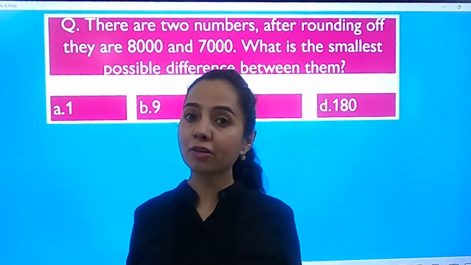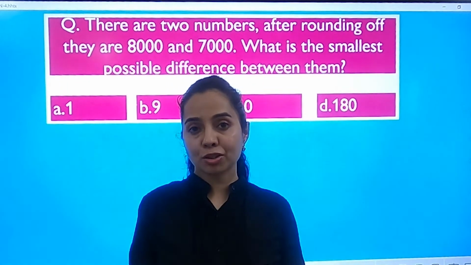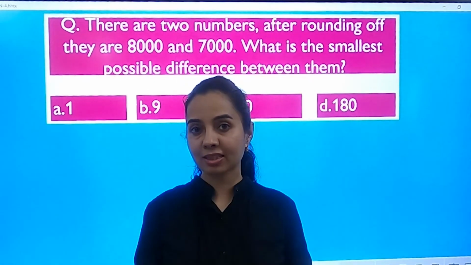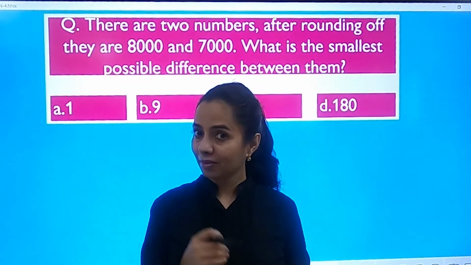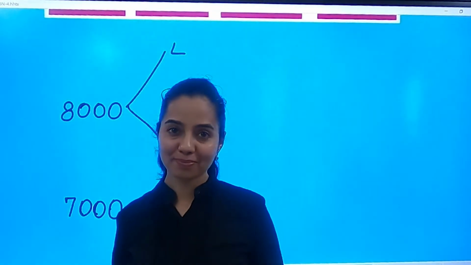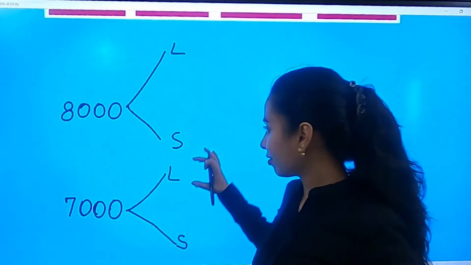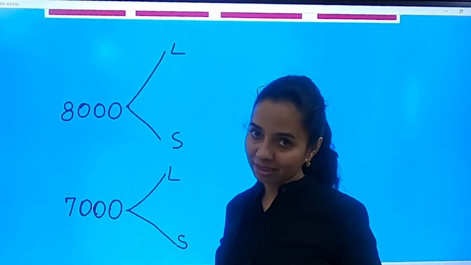But instead of largest possible, if the question would have asked you the smallest possible difference, then what will we do? We'll again apply the same concept. So this time they are asking us to find the smallest possible difference.